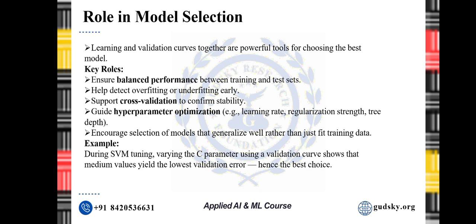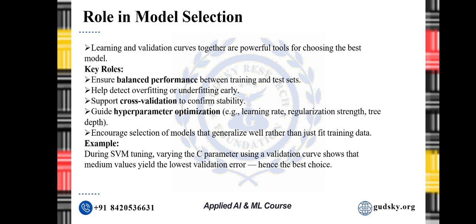Most importantly, they encourage you to select models that generalize well, not just ones that perform great on training data. For example, when tuning an SVM, you can vary the C parameter and use a validation curve to find the best point where validation error is the lowest.